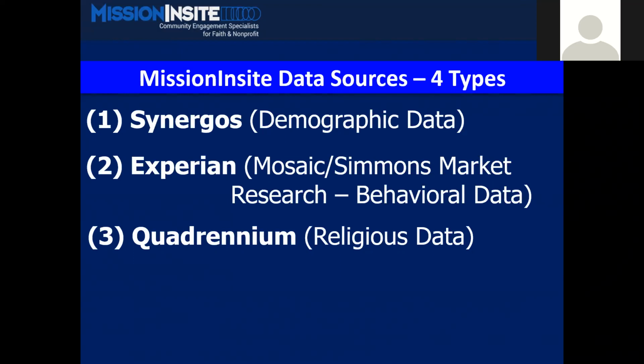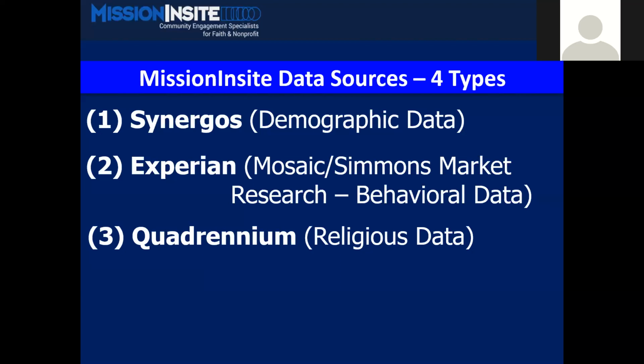One is called the Religious Insight, and there is a priorities report, a condensed version, and there is a Ministry Insight, which is also part of the Quadrennium survey. And that also has a condensed report of priorities.